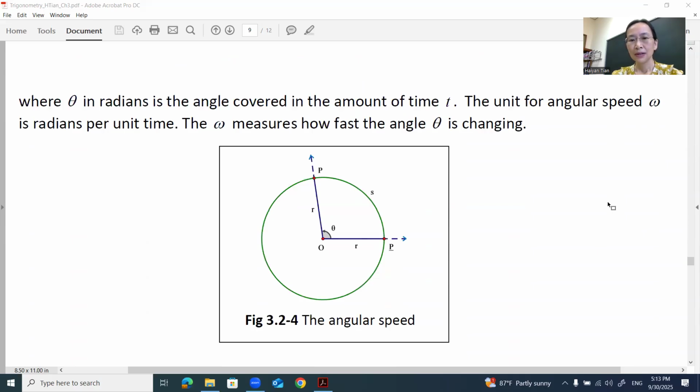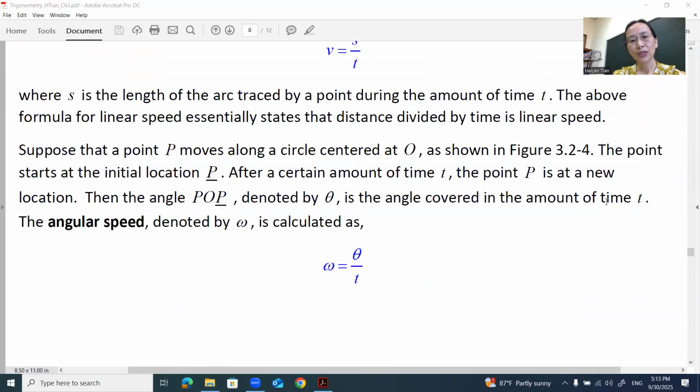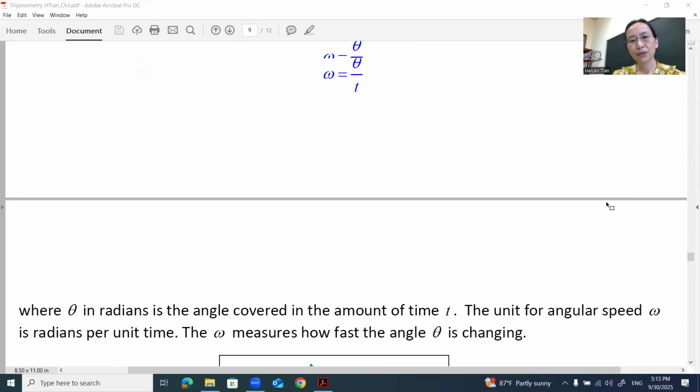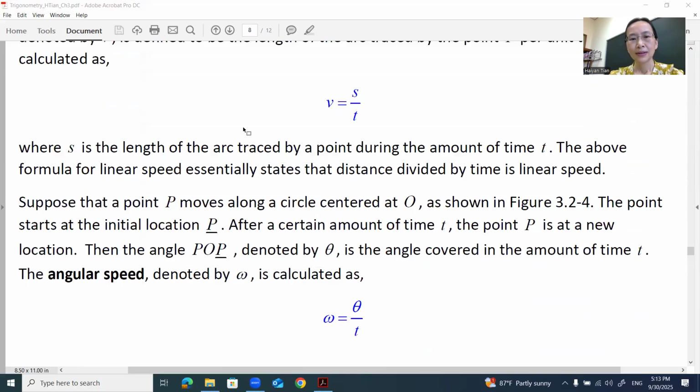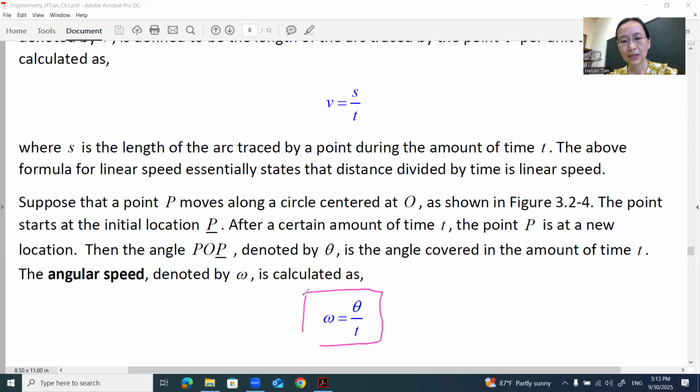And angular speed. For angular speed, we just replace, in this formula, we use a different letter. As you can see, the omega for the angular speed is defined differently.